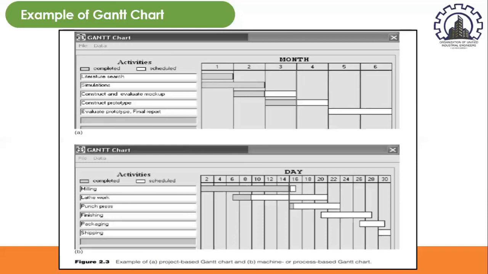While production on the punch press is ahead of schedule. Okay, so this is an example of a Gantt chart. This is a chart for planning and scheduling and making sure that you are able to meet your schedules on the desired deadlines.